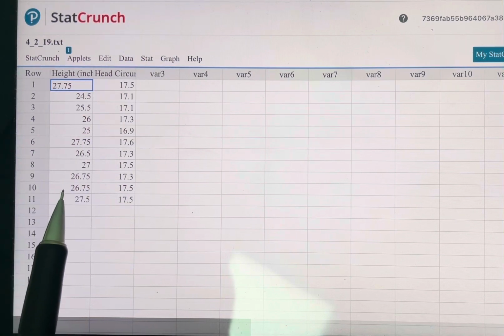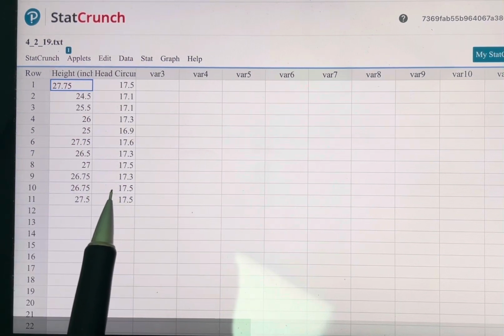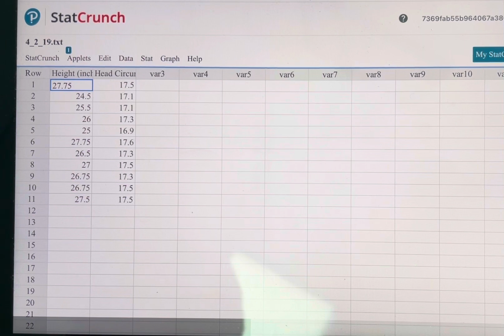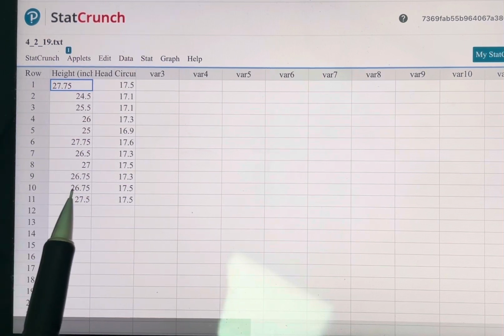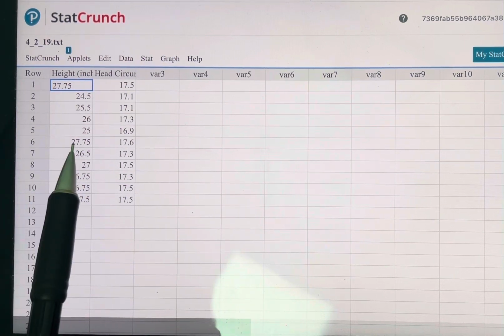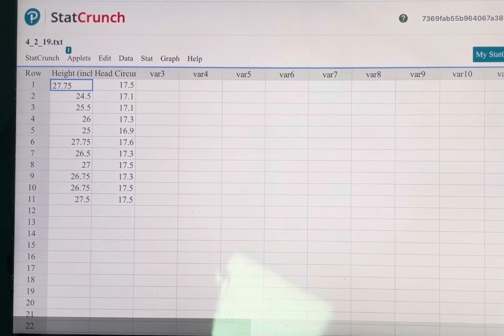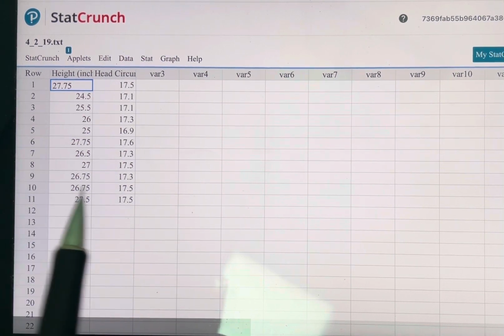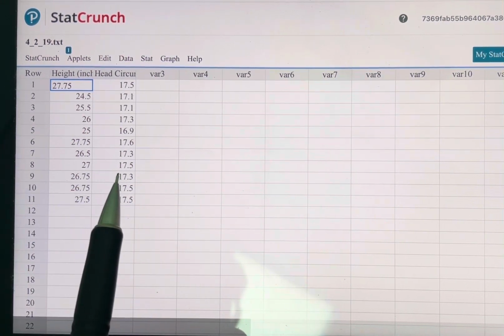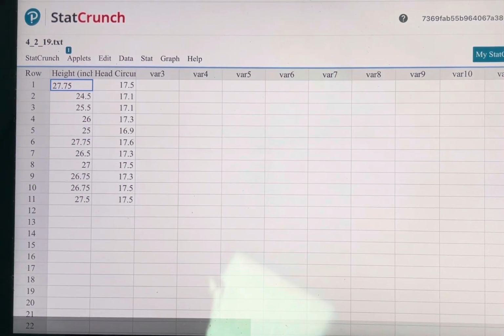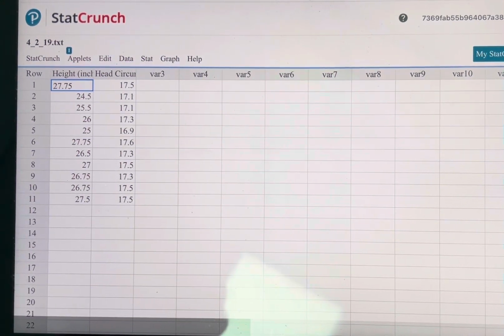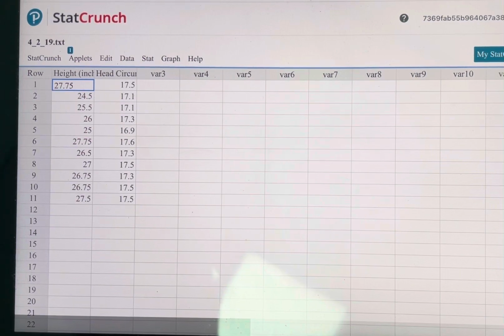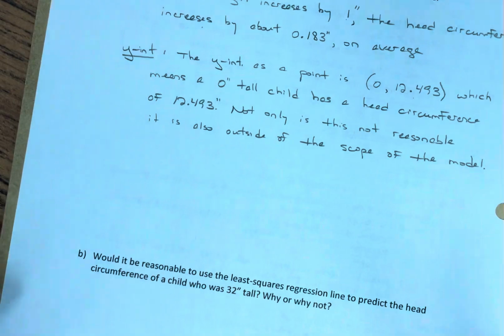I guess we could use it and we would get some information, but 32 is a solid almost 20% above our tallest child in the data set. So it's kind of out there, and this line might not be the best thing to use. It'll give us an answer, but the answer might not be very good because that child's height of 32 inches is outside. So we're going to say no.